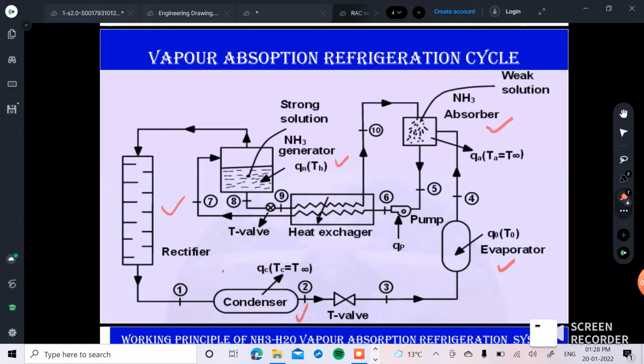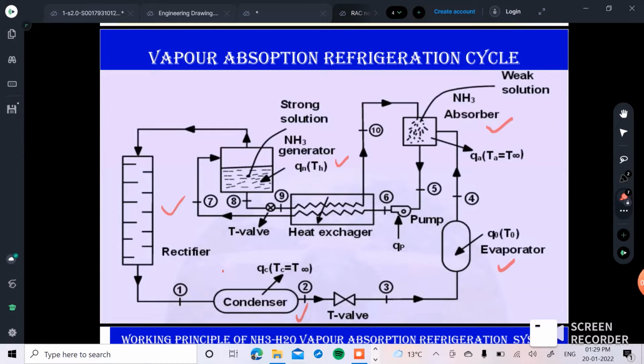The power input to the compressor in a vapor compression system is substantially large, especially for a higher compression ratio or low temperature system. This compression work can be reduced considerably when vapor coming out of the evaporator is absorbed by a suitable liquid before compression, and the resulting mixture is compressed by a pump in the liquid phase from the low pressure system to the high pressure system.